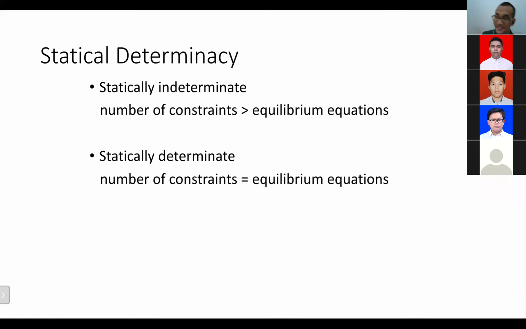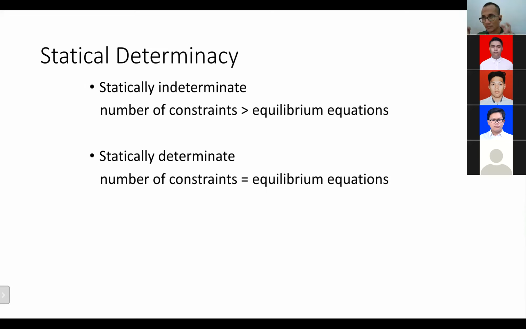Yeah, basically the truss system that we want to discuss is one where the number of equations that we have is less than the number of unknowns that we have to solve. That's why I call it a statically indeterminate structure.